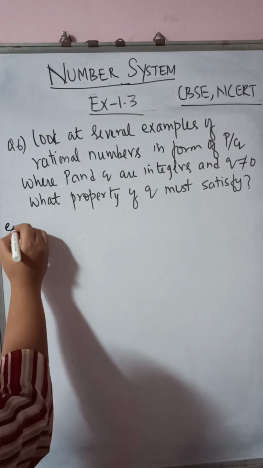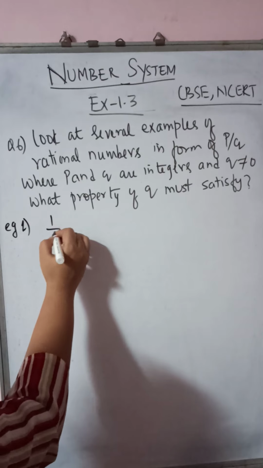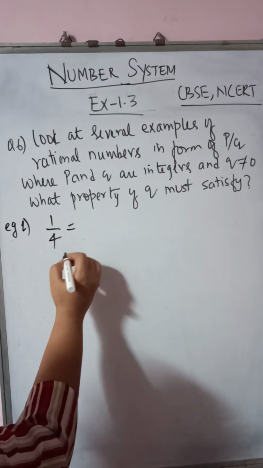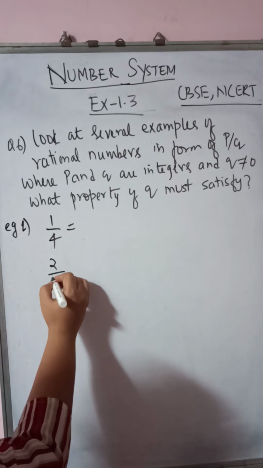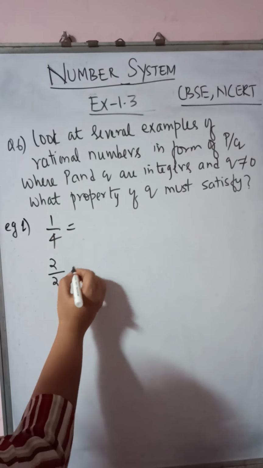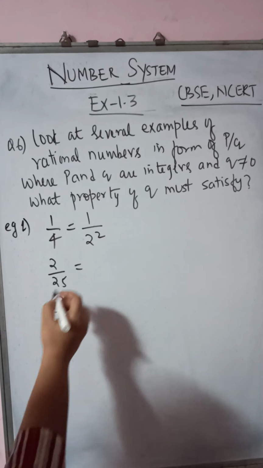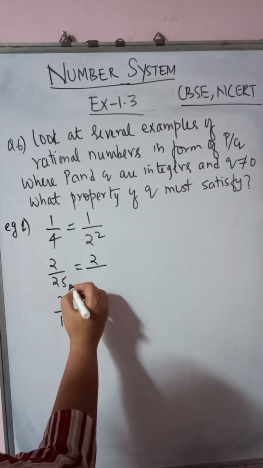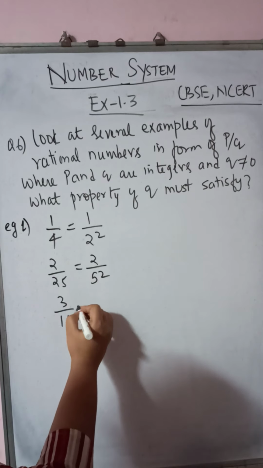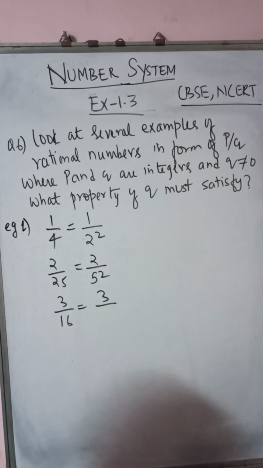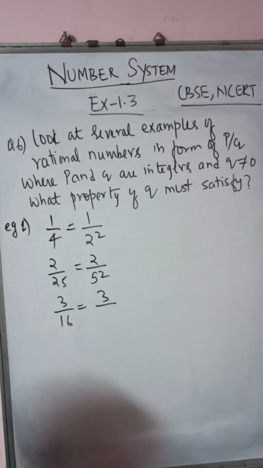Let us take the examples 1 by 4, 2 by 25, or 3 by 16. 1 by 4 can be written as 1 by 2 square. 2 by 25, where 25 is 5 square. 3 by 16 can be written with 2 raised to power 4 in the denominator.